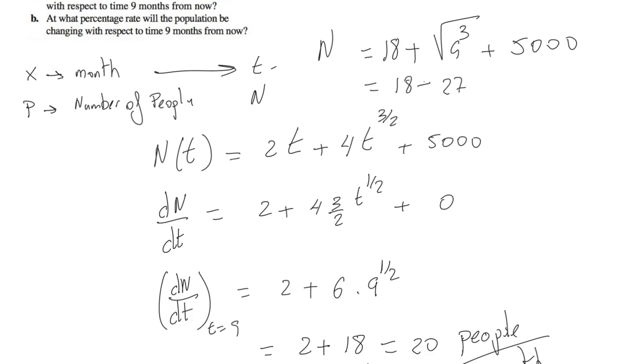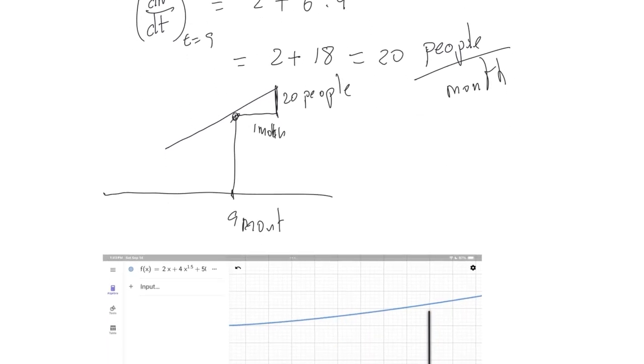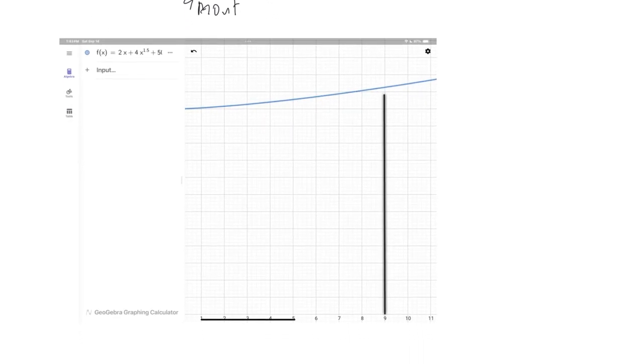So it will be 18 plus 5,000. So the amount of people will be 5,045 people. So if we go to our graph, at T equal 9 months, the graph will have 5,049.